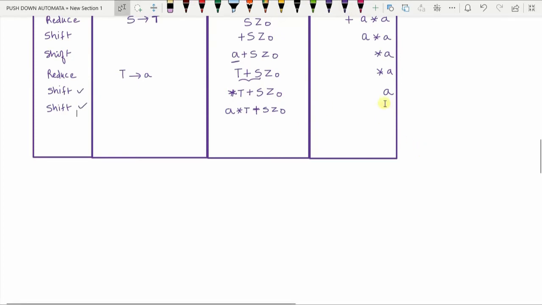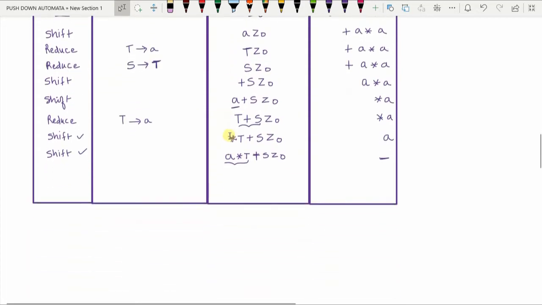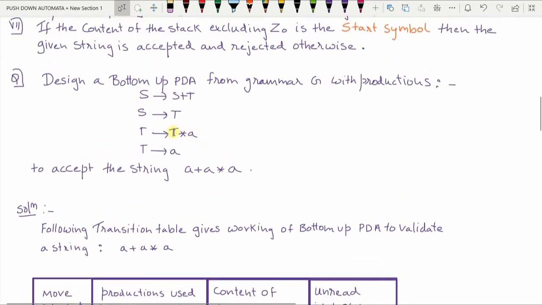After pushing this A also onto the stack, is anything remaining to be read? No. Nothing is remaining to be read. Now what do you do? Now you see the substrings. S is not on the right hand side, S plus is not on the right hand side, S plus T is on the right hand side, but before S plus T there is also another term. Please note, there is A into T. Check whether A into T, when you read it from bottom to top, will appear as T into A. Is T into A the right hand side of anything?